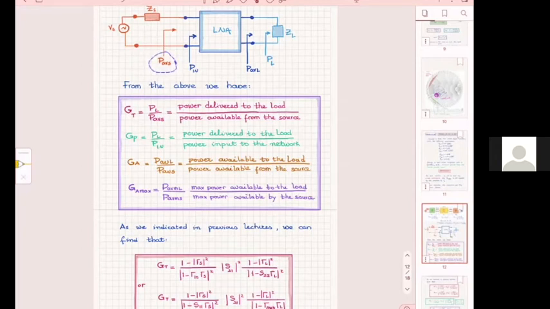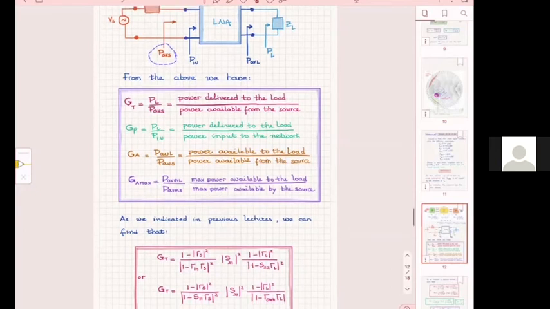So G sub A and G sub A max, because a lot of times, most of the time, are the same with very few exceptions in literature. That's why I have both of them. Those define an absolute maximum to the gain. You can only go down from there. So that's what you need to remember.